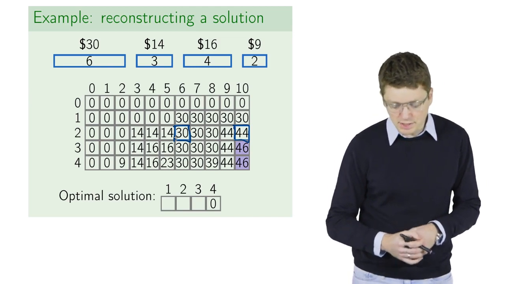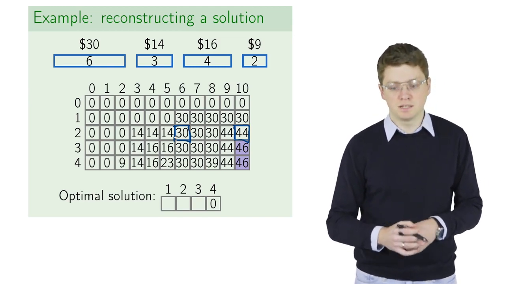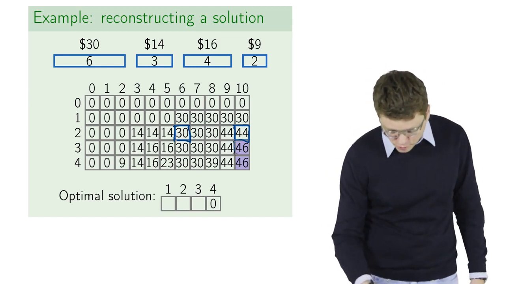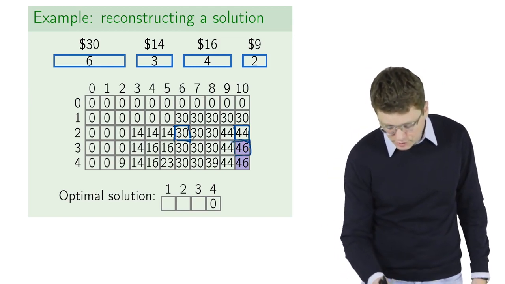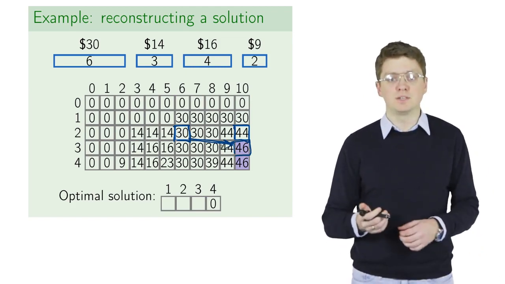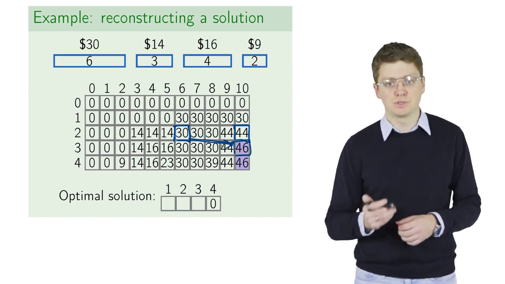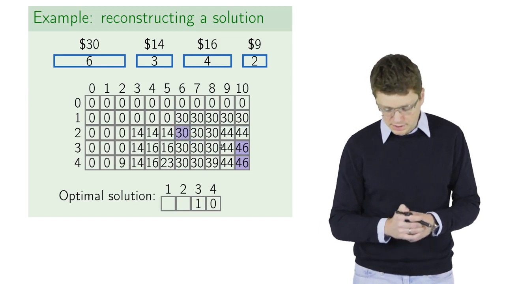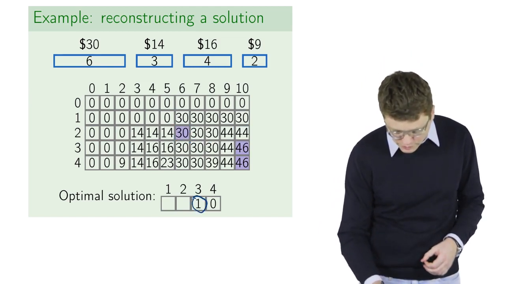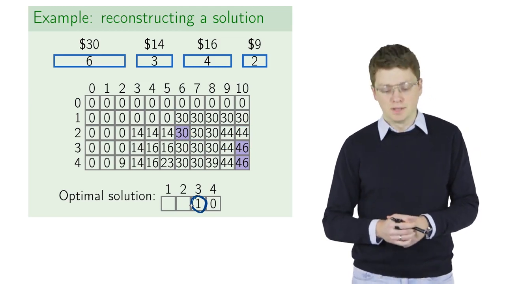In this particular case, 30 plus 16 is larger than 44, which means that this value 46 was computed using this value. This in turn means that we decided to use the third item. Let's mark it by putting 1 into our Boolean array.